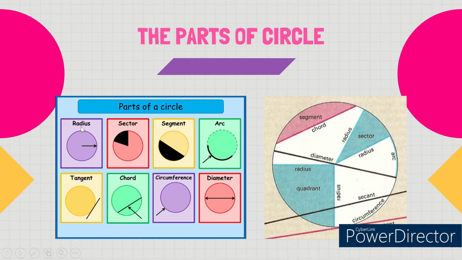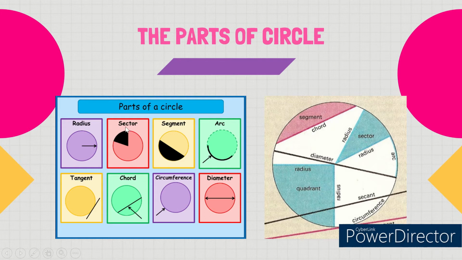This is a straight line drawn from the center point of the circle to any point in its circumference. Circumference is the distance around the circle, the ring of the circle. And radius is half of the diameter.